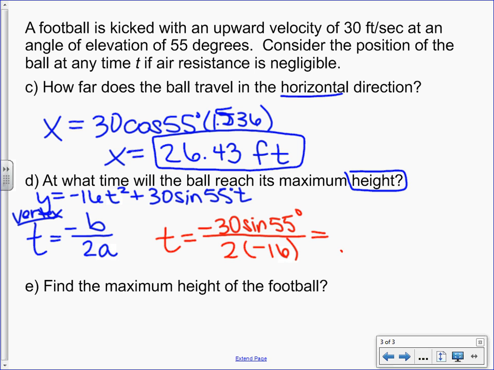Make sure you put 30 sine 55, close the parentheses, divided by, either multiply to -32 in your head, or make sure that product goes in parentheses. Anybody have another thought about 0.768 seconds?